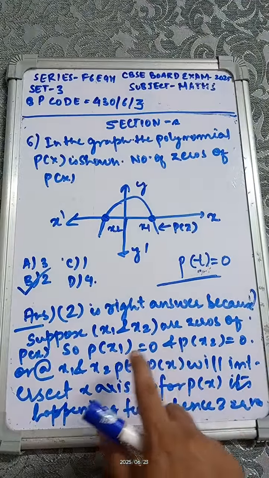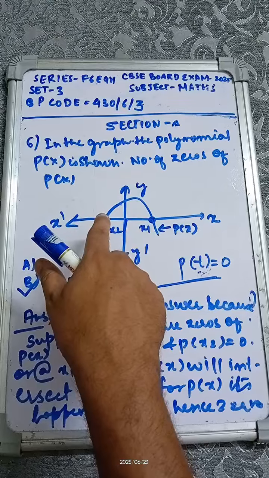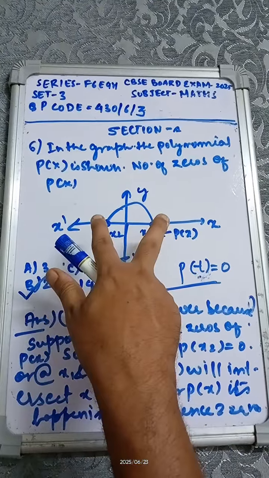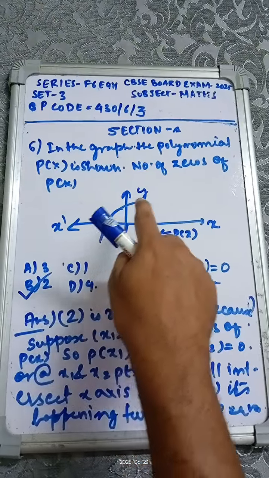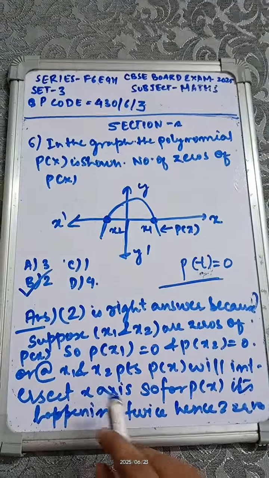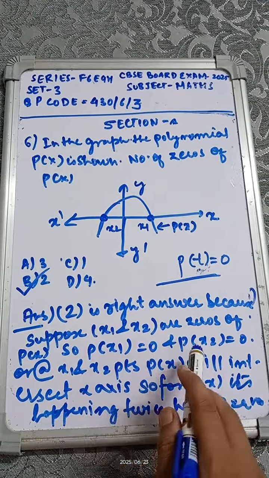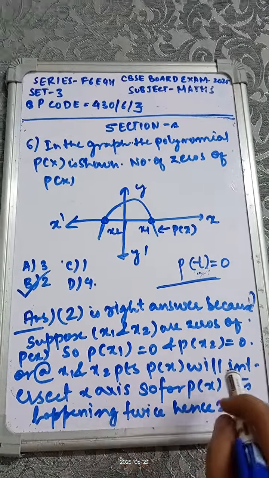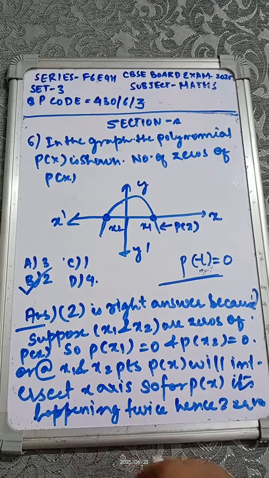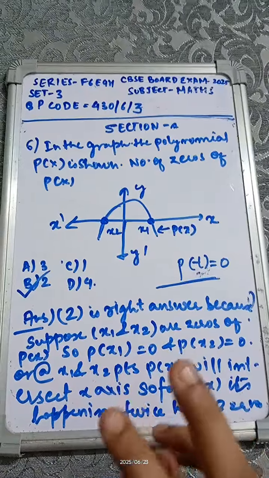Now at P(x1) and P(x2), you can clearly see that P(x1) and P(x2) are 0, or the y coordinates are 0, because here P(x) is touching the x-axis at 2 points. Since it is cut, P(x1) and P(x2) are 0, or you can also say that P(x) is intersecting the x-axis at these 2 points, so definitely there will be 2 zeros.